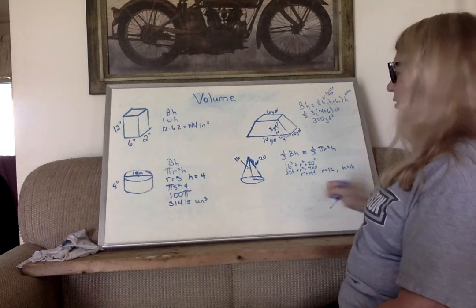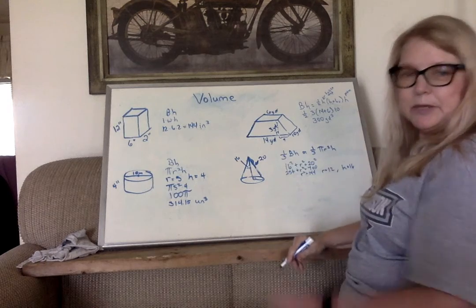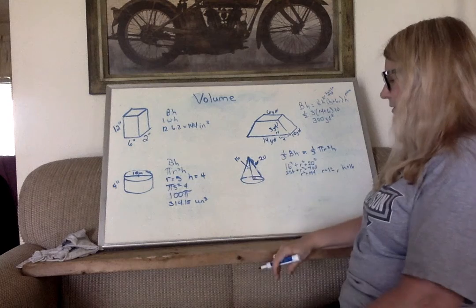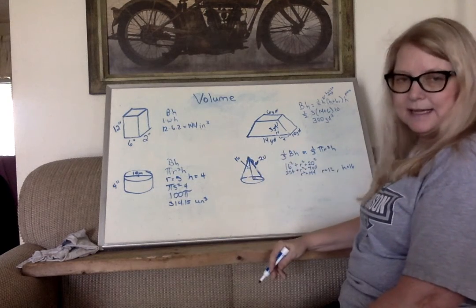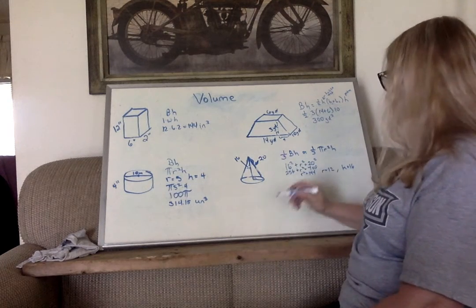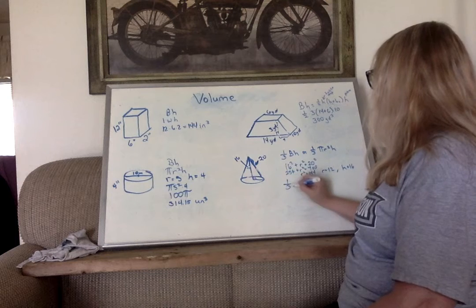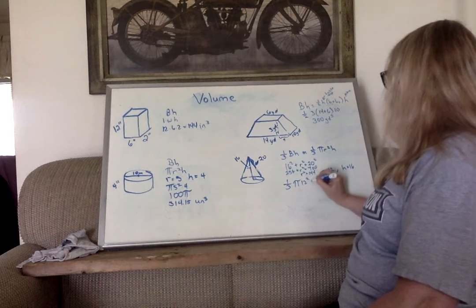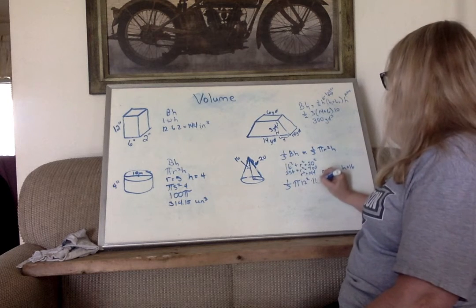Notice we didn't use that 20. We use slant height on surface area because it's on the surface. We use that inside height for volume. So 1/3 pi times 12 squared times height 16.